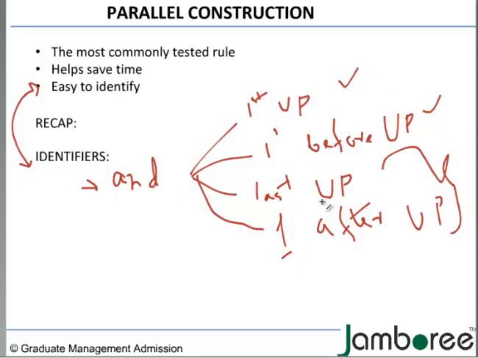If the last word of the underlined portion is and, then also there can be a parallel construction error. So just to eliminate, you have to check whether the rules of parallel construction are being followed or not, right? This location is actually one that students usually ignore, right? The first few words after the underlined portion, not before, after.